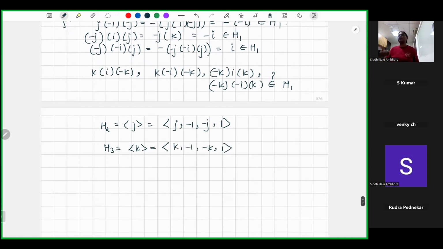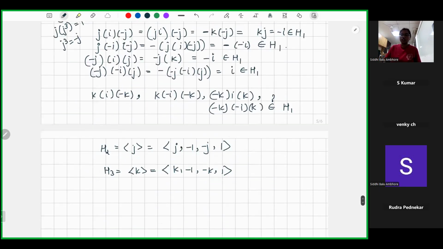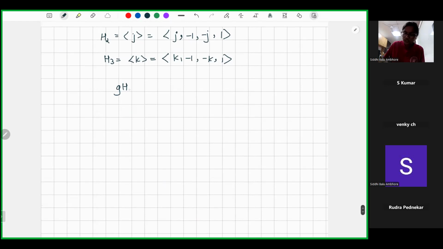You can also check for these two sets that when I take quotient, I get that g h_i g inverse is a subset of h_i for all g in G, and 1 less than or equal to i less than or equal to 3. Okay? Any doubts here?